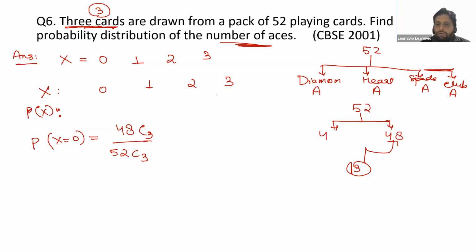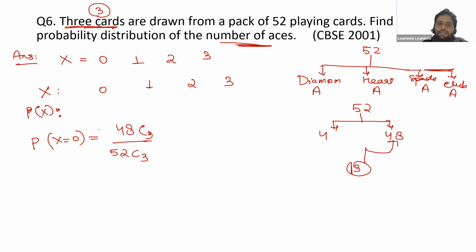then use that concept: 48 by this, then reduce 1 card. That question will be of conditional probability. In this question, they have just given you that 3 cards are drawn from a pack of 52 cards, so we will do this directly. If in the question they mention with replacement or without replacement, then the concept of conditional probability and independent events will come.